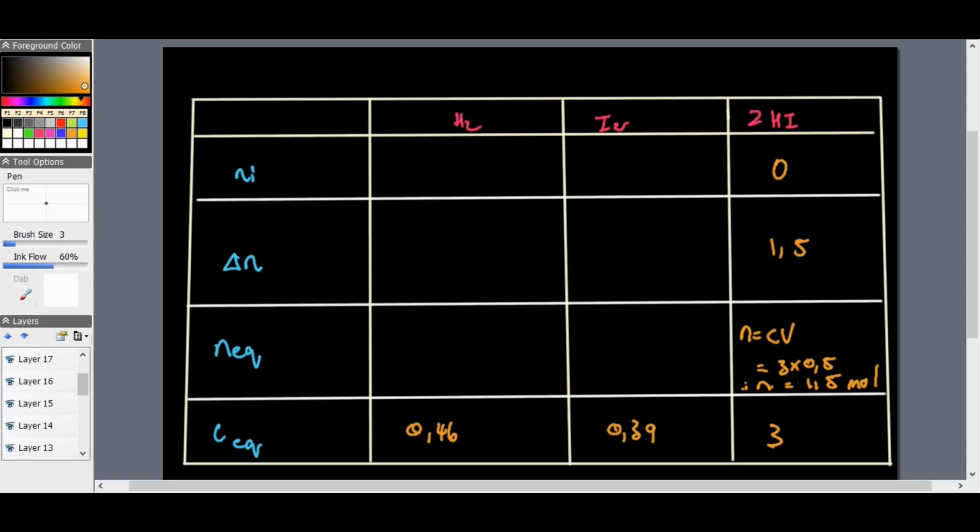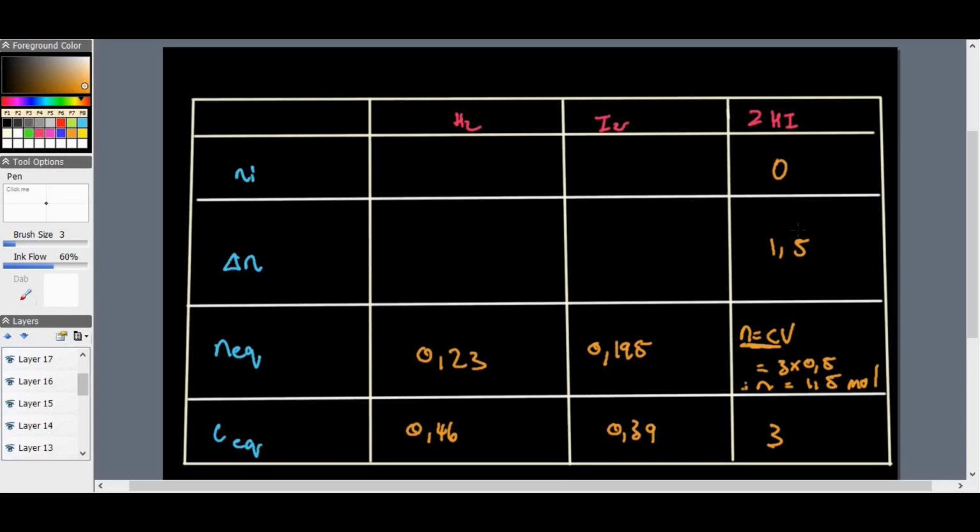Okay, so that's pretty interesting, I think. Let me just try and work out these 2 moles at equilibrium. I took the same ones and calculated using the same formula here to get the number of moles at equilibrium.